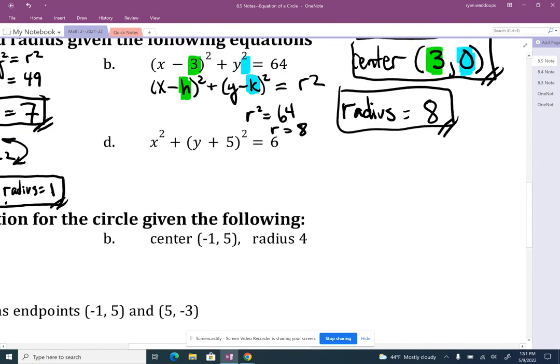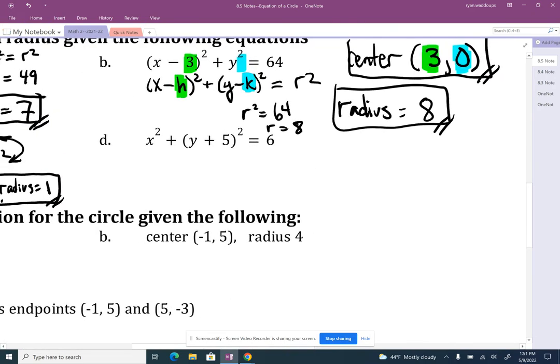And then in D, I'm going to say x minus what equals x squared? X minus 0. So I'm just going to write this out and forego writing the general form of the equation. X minus 0 squared is the same as x squared, plus y minus negative 5, which is the same as y plus 5 squared.